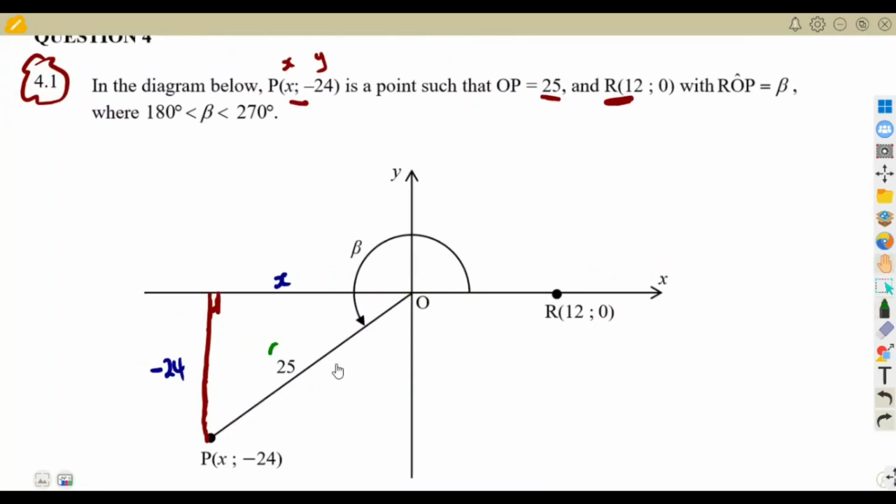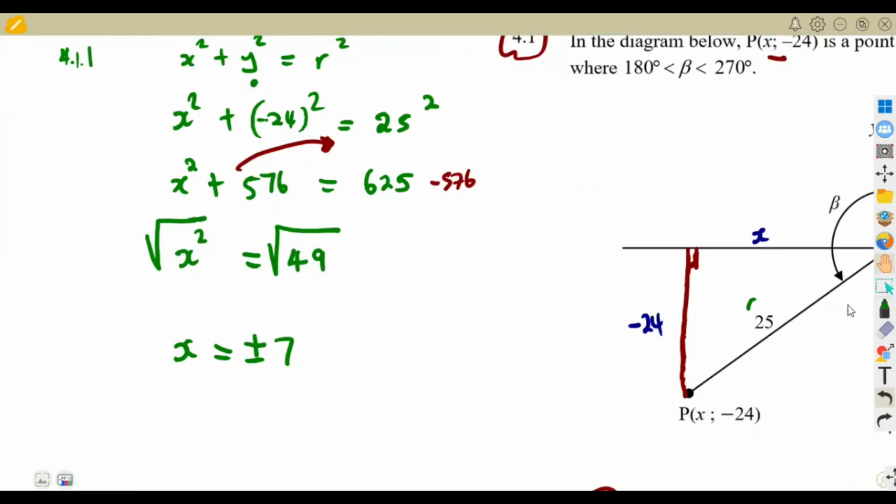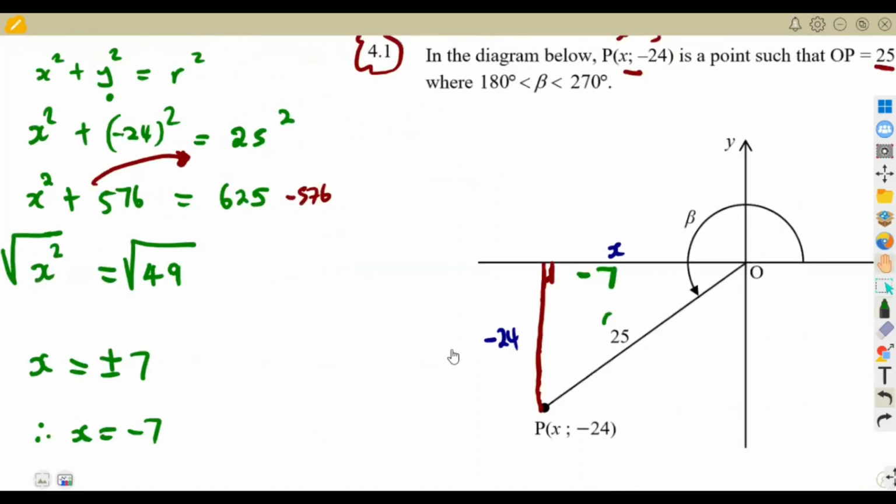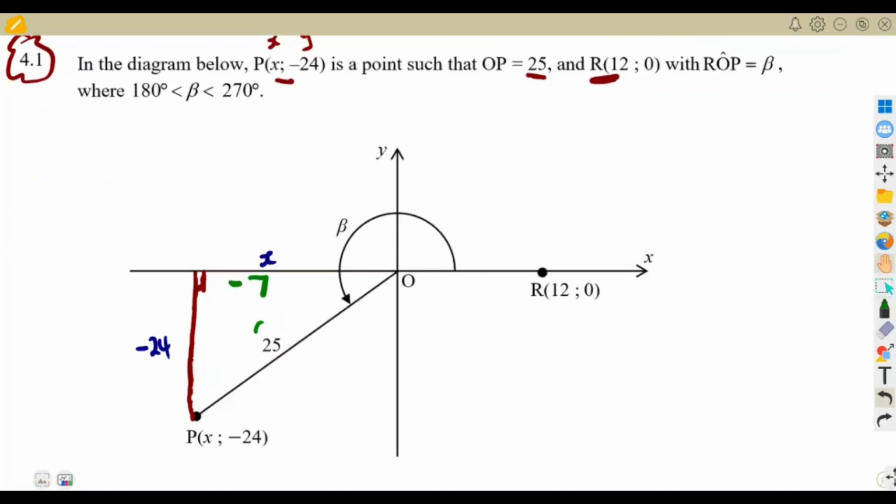So we're going back here. We take the one that is a negative. So therefore, our x is supposed to be what? A negative 7. You are supposed to test your answer on this diagram. Where is your triangle drawn? If it was drawn this side, it means our x is going to be a positive value. We are on the positive side.